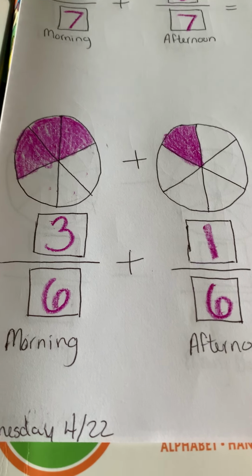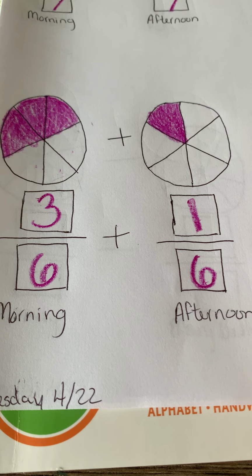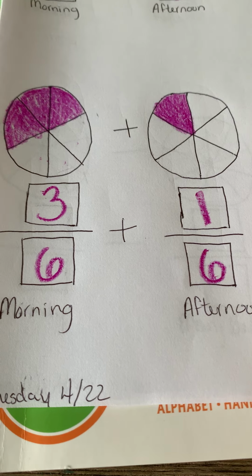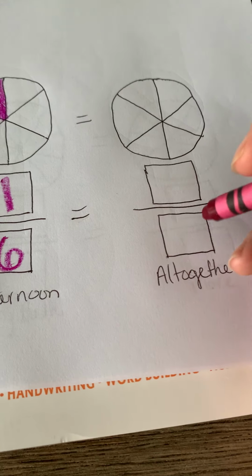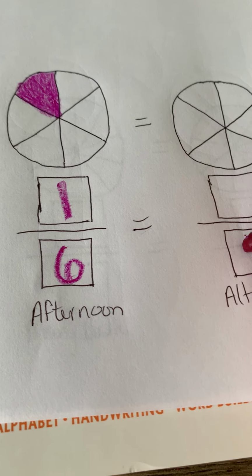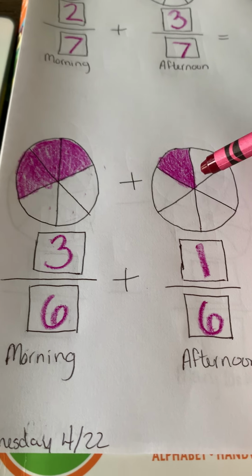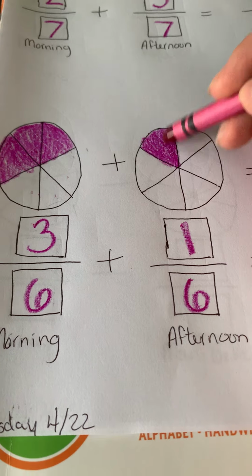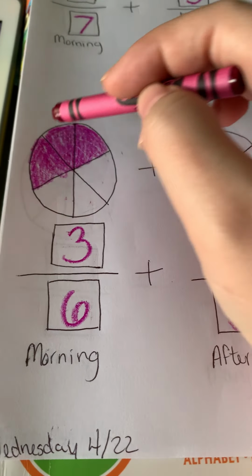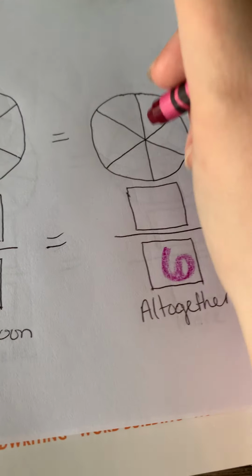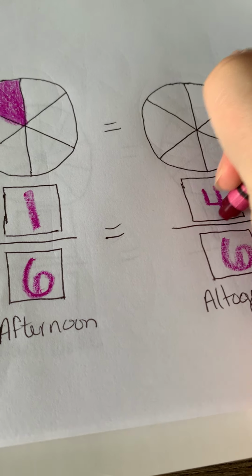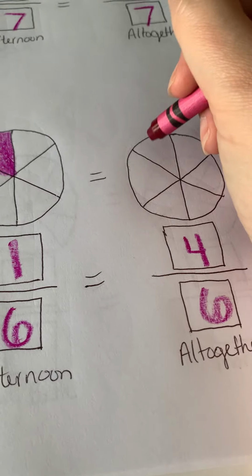So now we have to add our 2 fractions together. So we already know that there are 6, so we're going to just bring our 6 over. And now we have to count the ones that we shaded in. 1, 2, 3, 4.